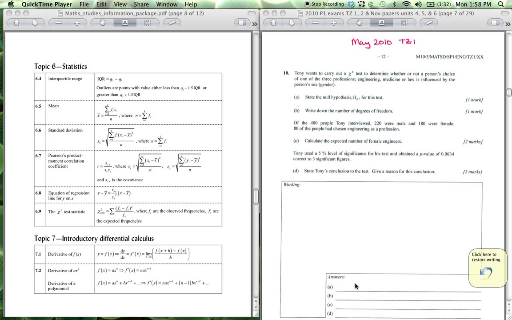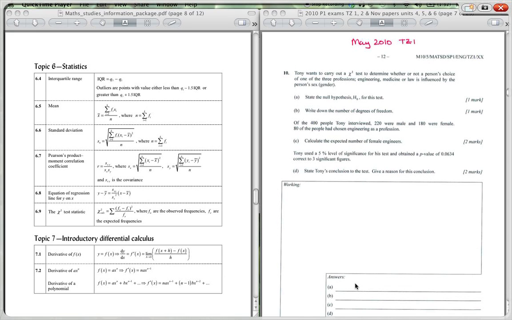So the expected number, if we have 400 and there are 180, so we would have 180 over the 400 times the number that had chosen engineering, times 80. So we would have that, and we would cancel this out. 8 goes into 40 five times, and when I divide that, I would get 36. So the expected number would be 36 female engineers.